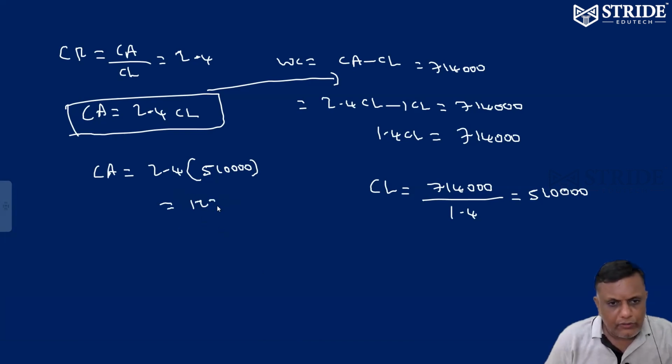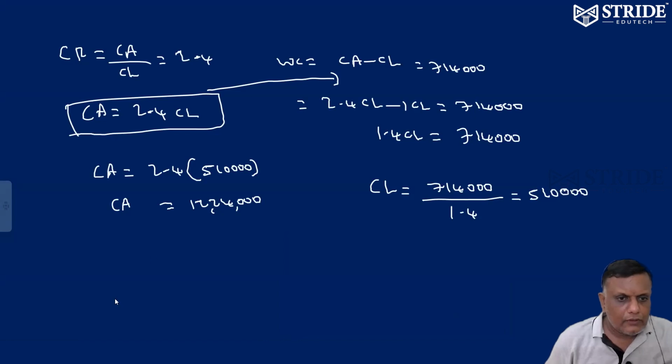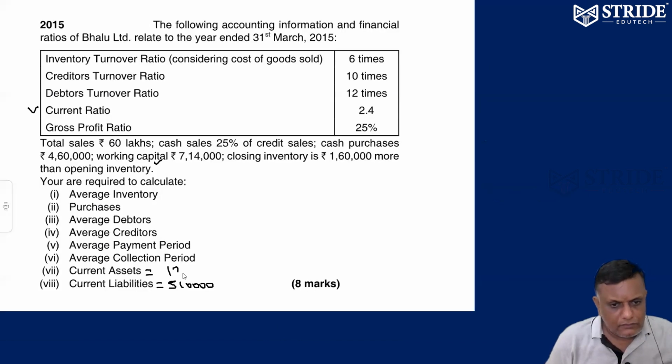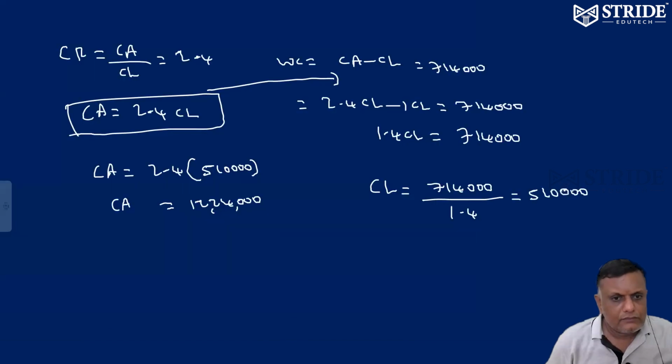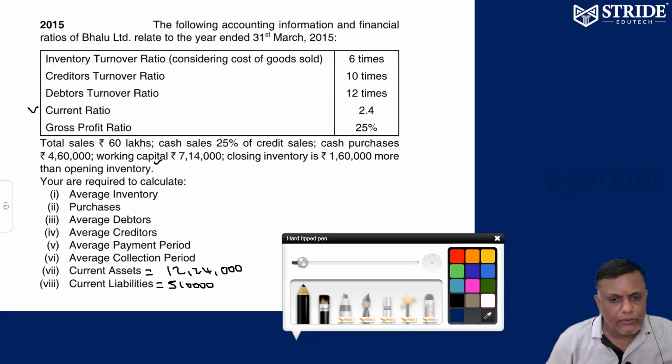So 12,24,000 is current assets. Right. Next, we'll solve one by one.